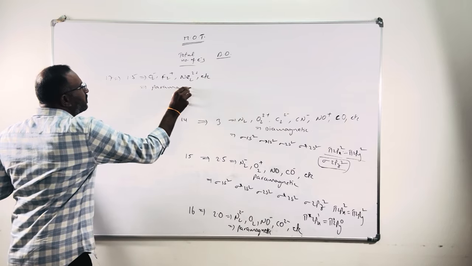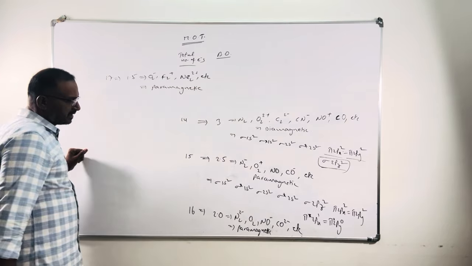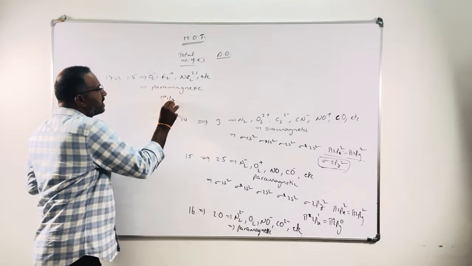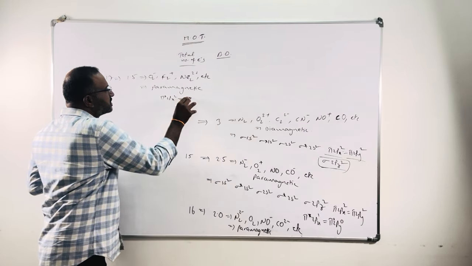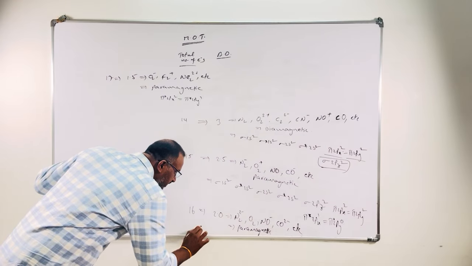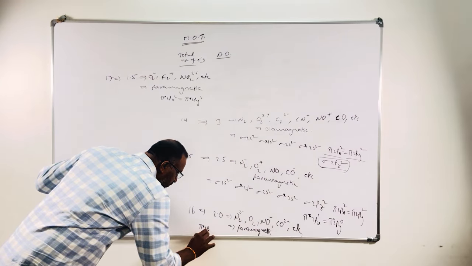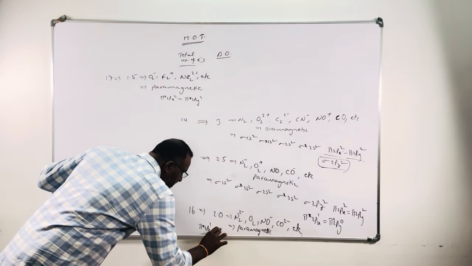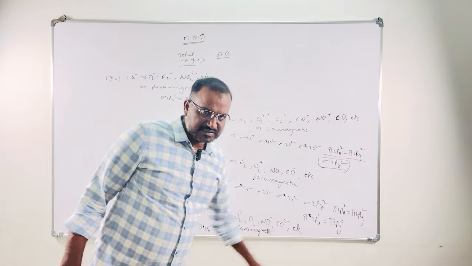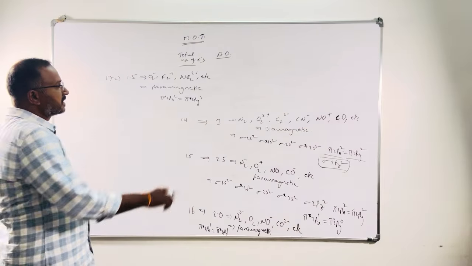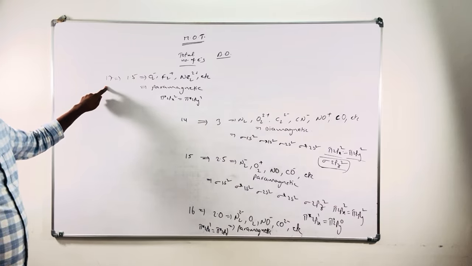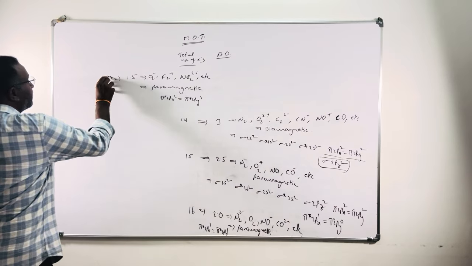Why? In the last configuration, pi star 2px2 equal to pi star 2py1 will be there. Here one unpaired electron is there, so it is paramagnetic. Bond order is 1.5 if total electrons are 17.